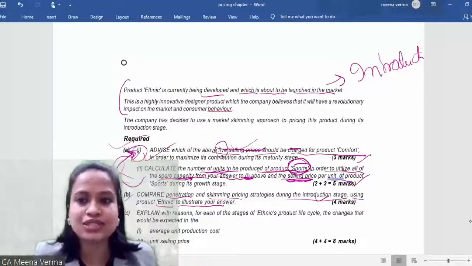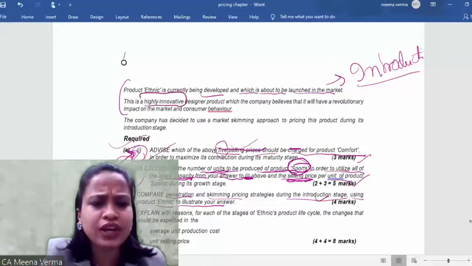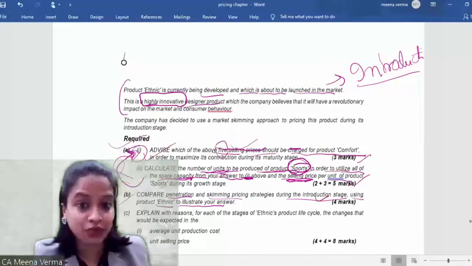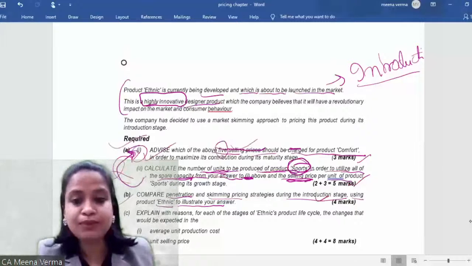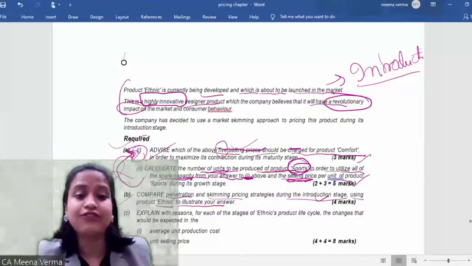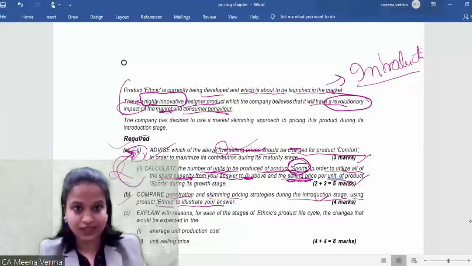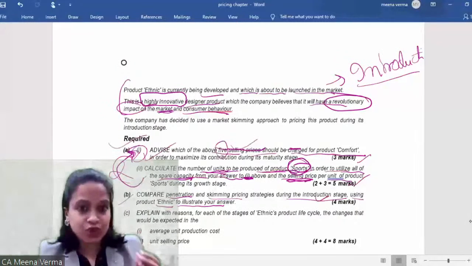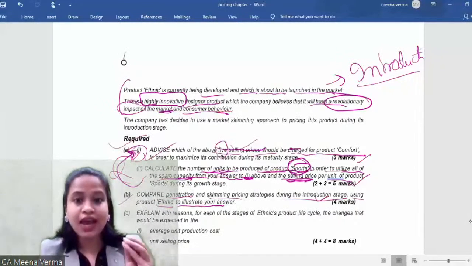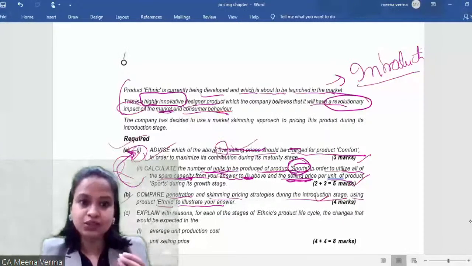This is a highly innovative designer product, which the company believes will be a revolutionary product, with a revolutionary impact on the market and consumer behavior.